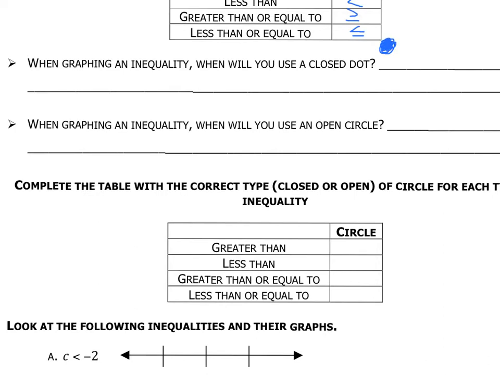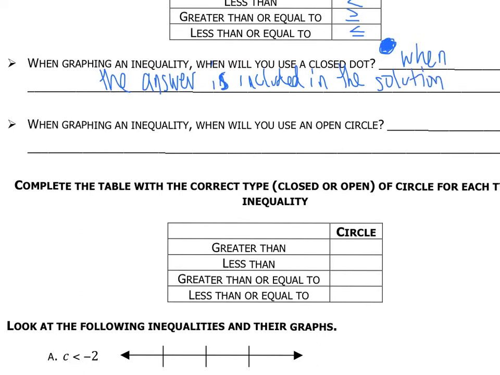A closed dot is used when the answer is included in the solution. Like I said, when we go over this, it'll make more sense. So a closed dot is used when the answer is actually included in your solution.